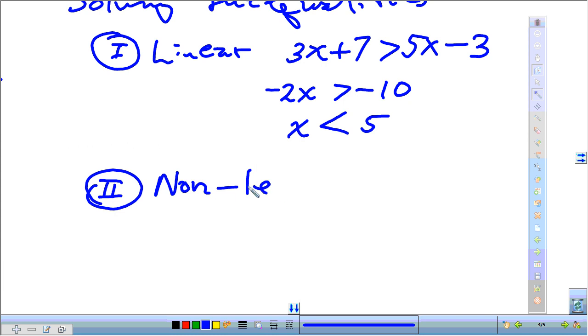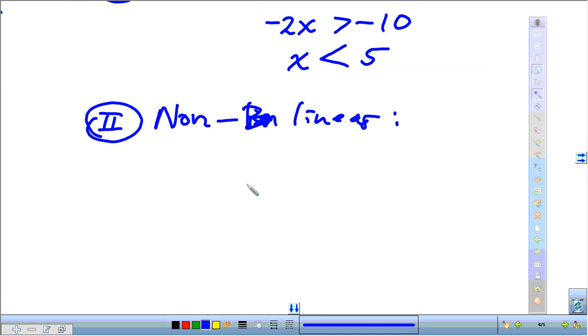If we move on to nonlinear, so for example, if we had x squared plus 5x minus 6 bigger than 0, so an inequality, how do we solve this?